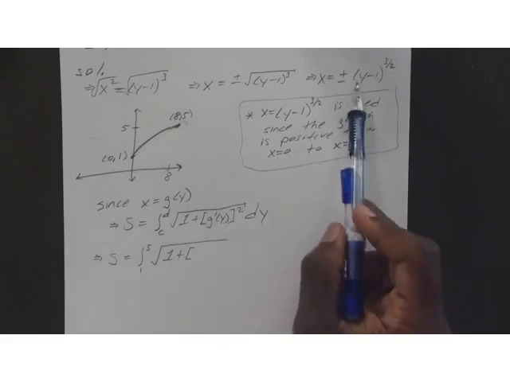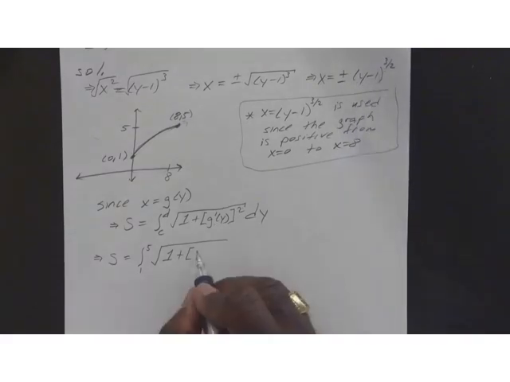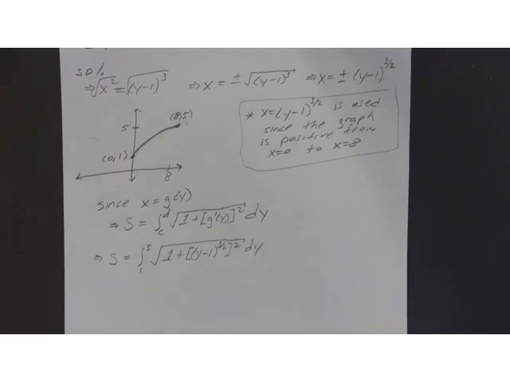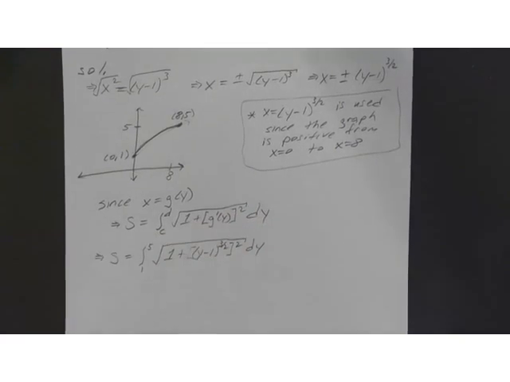So that would be your g prime of y, your x, so that's (y minus 1) to the 3/2 power, squared, with respect to y. It'll be the derivative of (y minus 1) to the 3/2 power, squared.